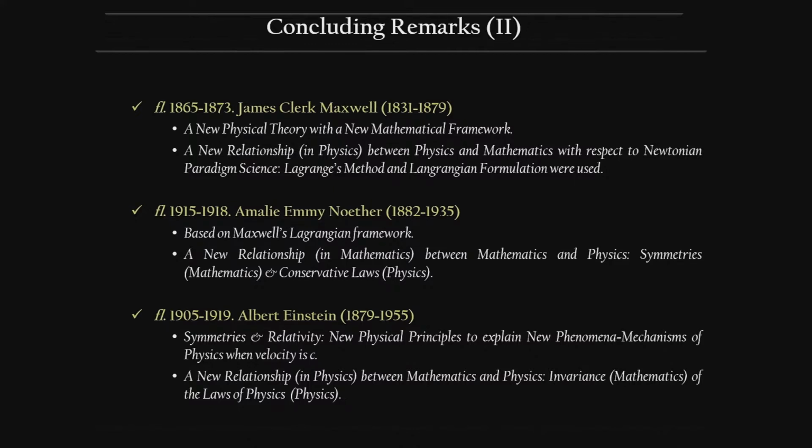Einstein: symmetries, relativity, a new physical principle to explain new phenomena, with the velocity of light as C. If we see relativity in this way, we can read Einstein in a realistic way: a new relationship between mathematics and physics, invariance in mathematics of a law in physics.